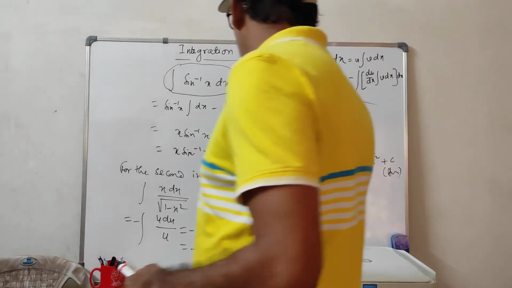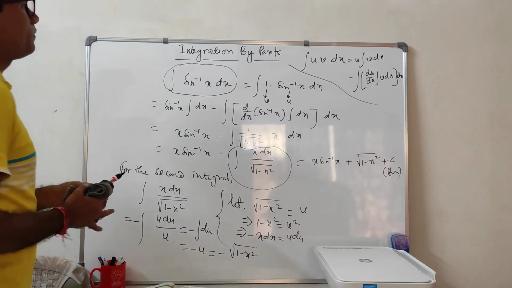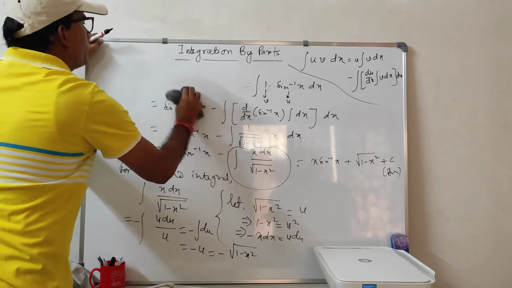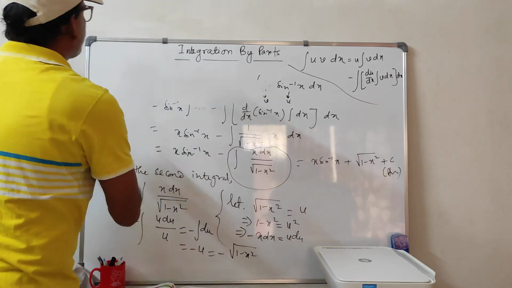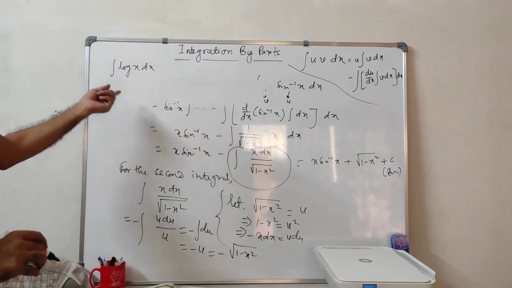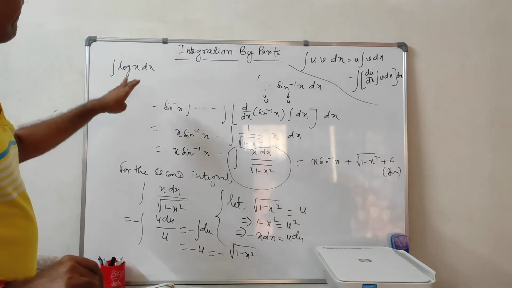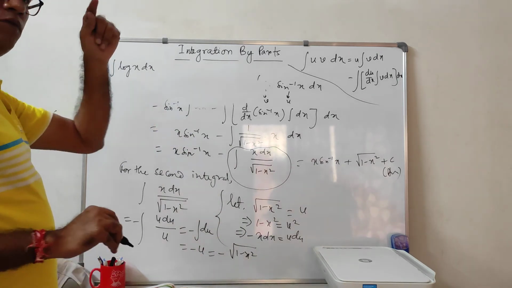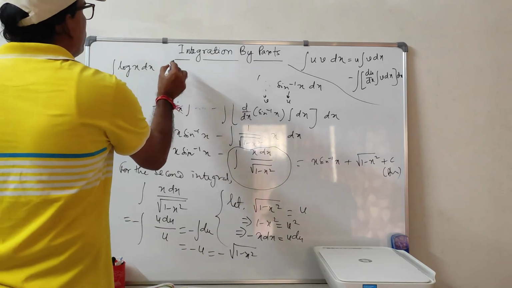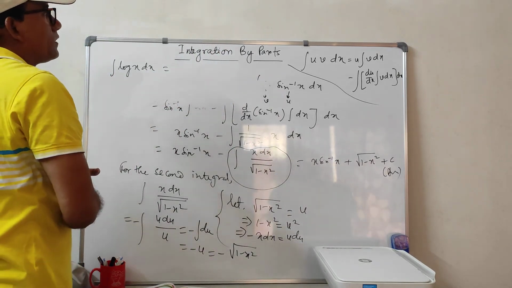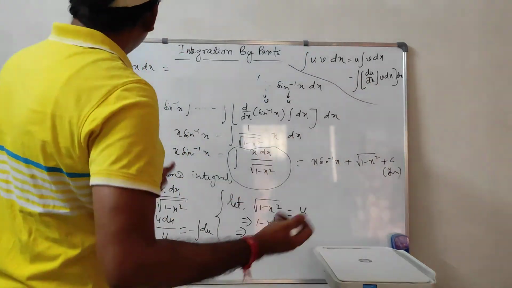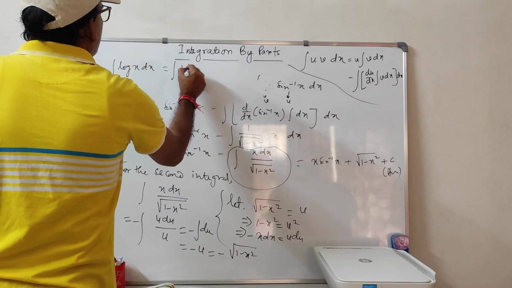Let's see another problem, which is integration log x. See, here also you can see only one function, log x. But how can you apply integration by parts? Because to apply integration by parts, you need to have two functions. Okay, well, you consider 1 into log x.